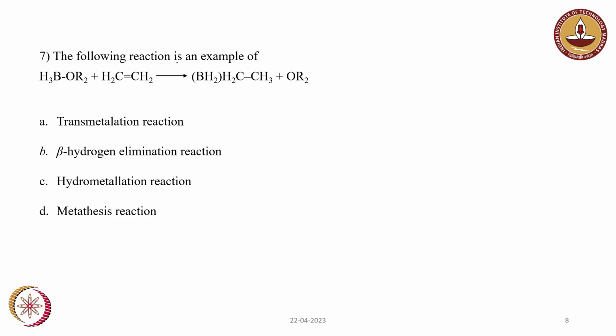Next question is, the following reaction is an example of BH3OR2 plus CH2=CH2 giving BH2CH2CH3 plus OR2. So we have already discussed this one. This is hydroboration.